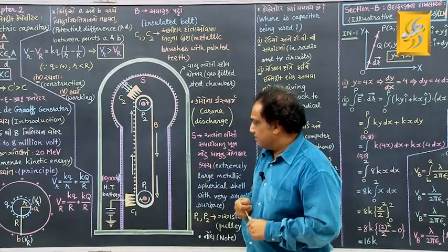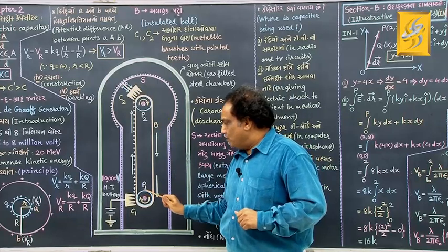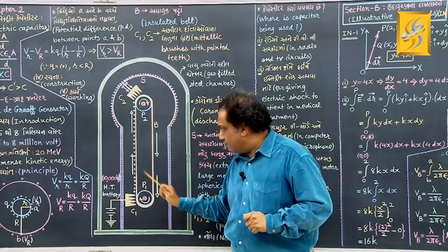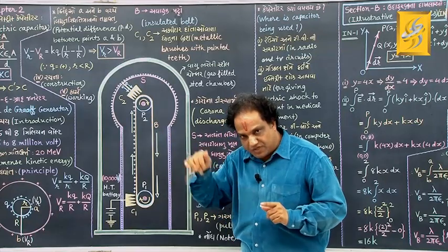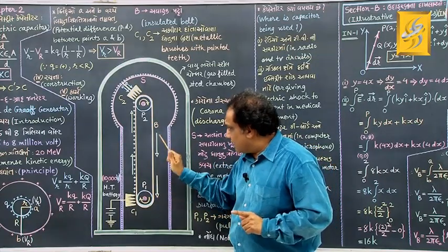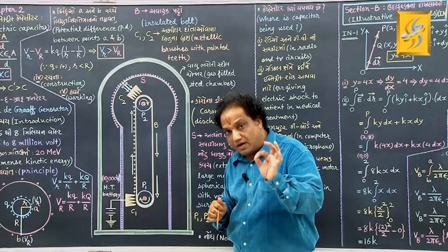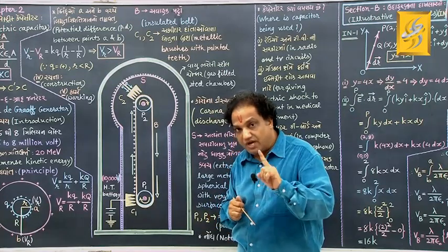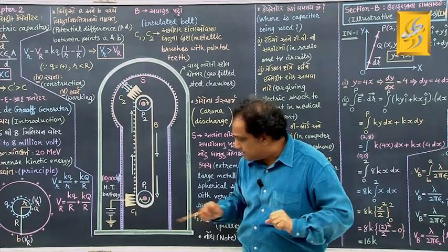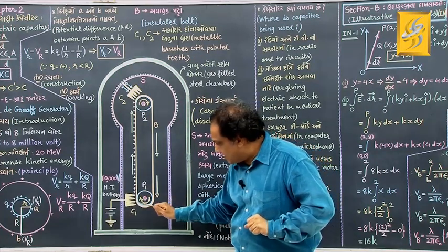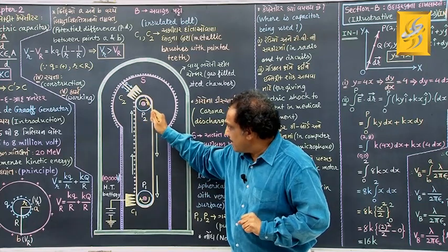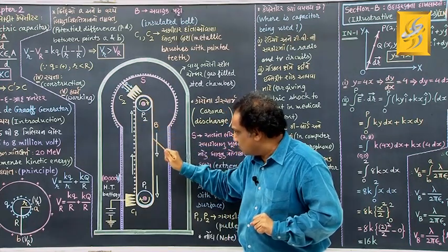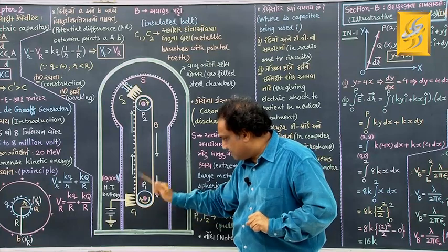Okay, fine. Here we have two pulleys, P1 and P2. Surrounding these we have kept one non-conducting rubber belt, which is called the conveyor belt. It is kept in contact with the surface of these two pulleys, and it is passed over these two pulleys this way. Correct?